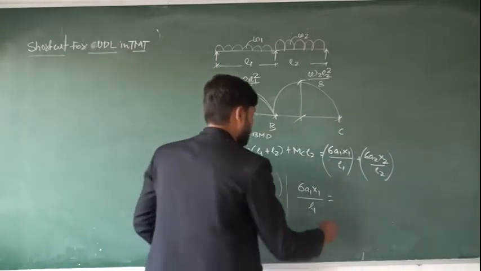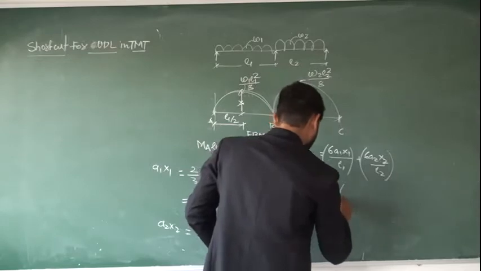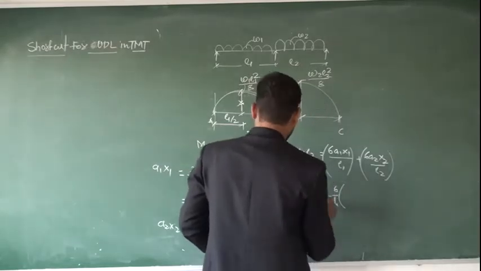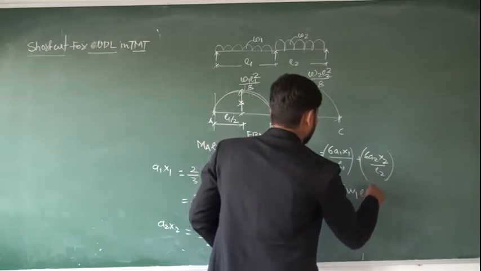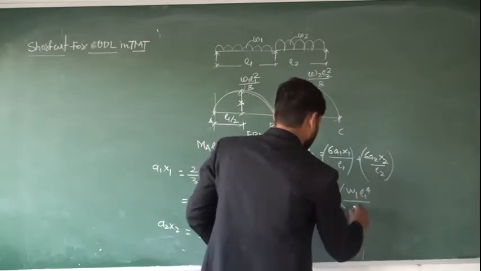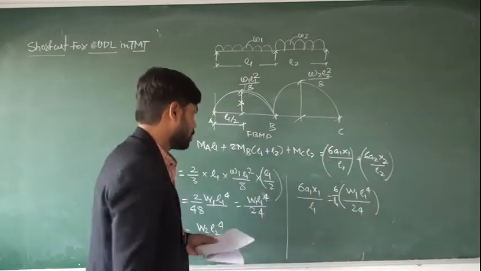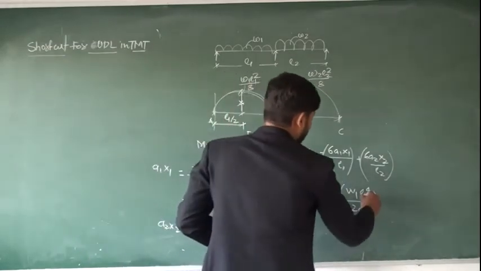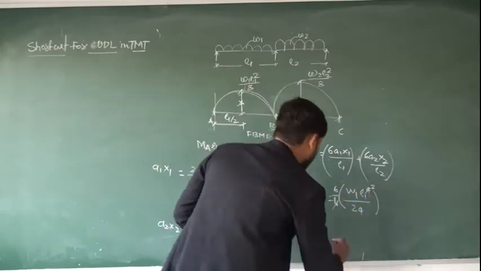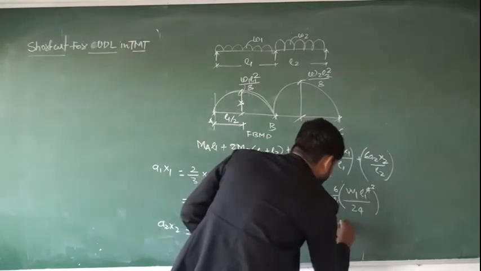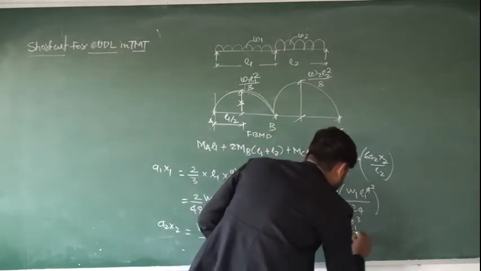So it is 6 divided by L1 times W1 L1 raised to 4 divided by 48. Now one L1 gets cancelled, and 6 with 48 gives 8, so if you solve this you will get W1 L1 cube divided by 8.